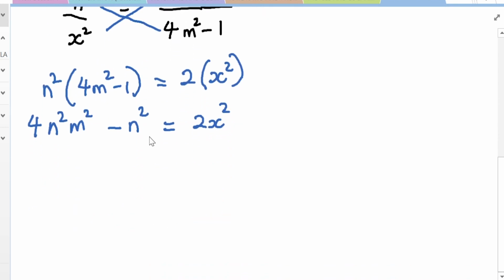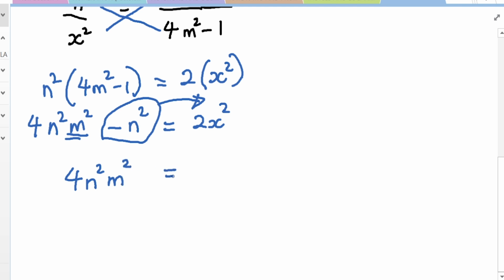From here, remember we are interested in making m stay on its own side. So let's bring this over. When we do so, we remain with 4n squared m squared equal to 2x squared plus n squared.